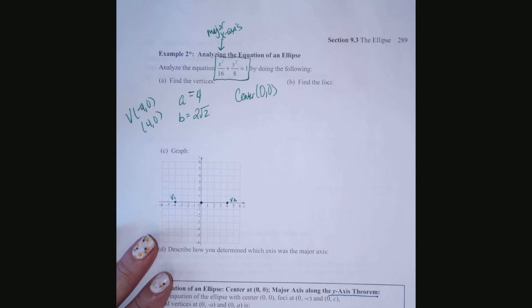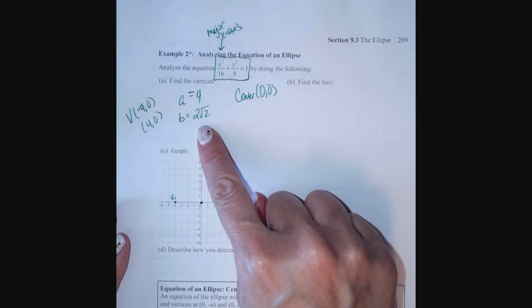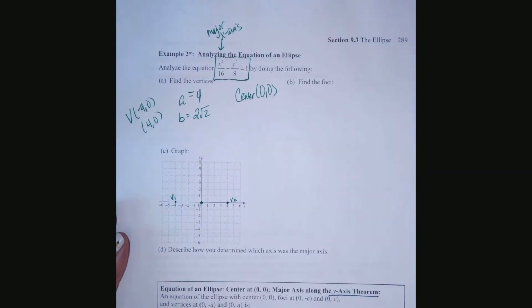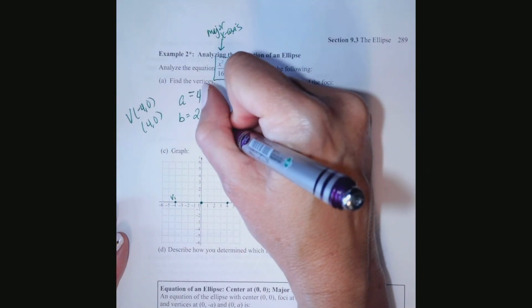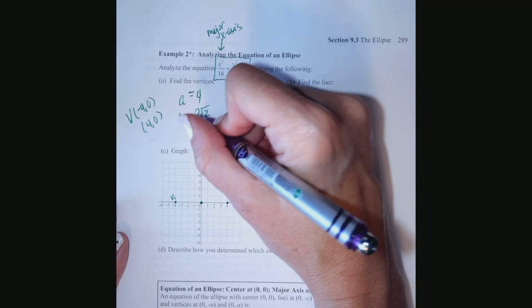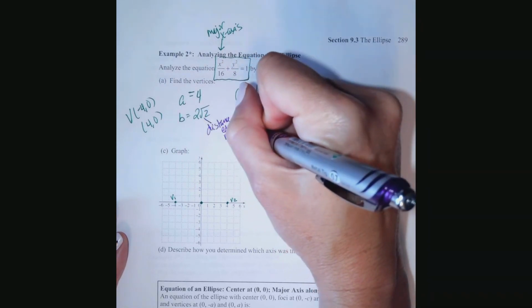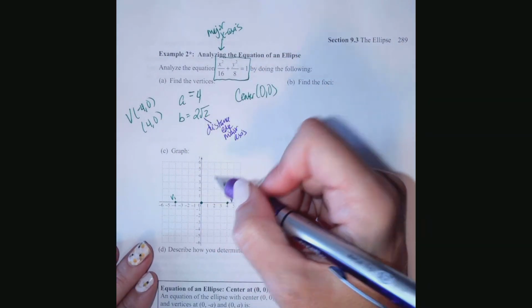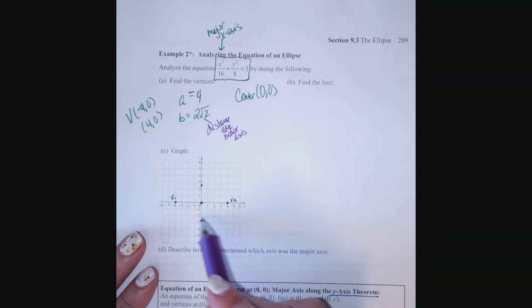The next thing I can do is find the distance to my minor axes, and I already know that, right? Because b is 2 square roots of 2, this is the distance to the edge on the minor axis. So 2 square root 2 is not quite 3. I'm going to go up there and I'm going to go down there. So those are the edges on my minor axis, so I can see where my ellipse falls.